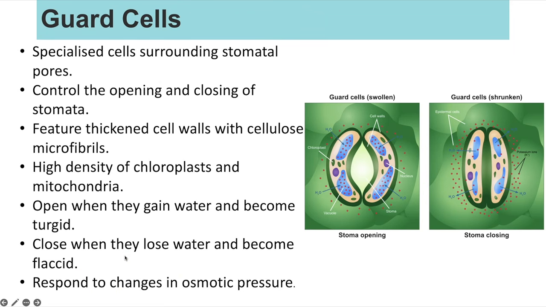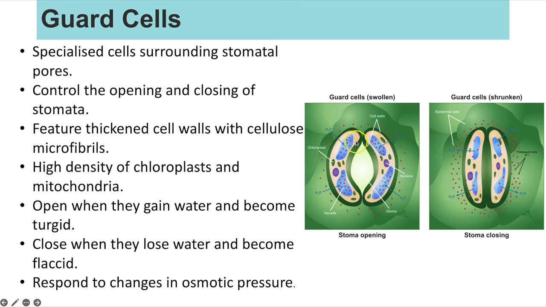So how does that happen then? The guard cells are the cells that bend and change shape to create the stomata, and they have thickened cell walls with cellulose fibres, and a high density of chloroplasts and mitochondria. They open when they gain water and become turgid.